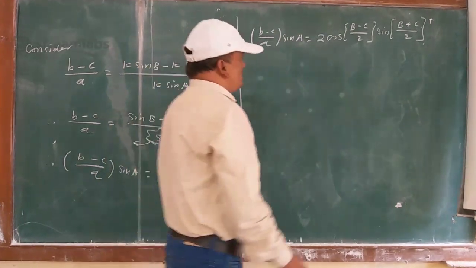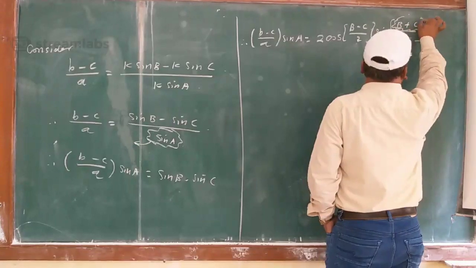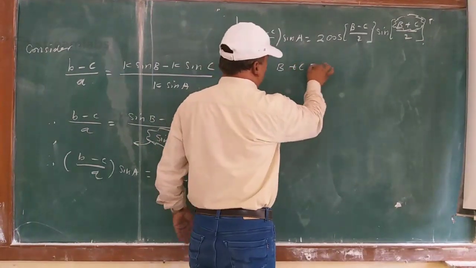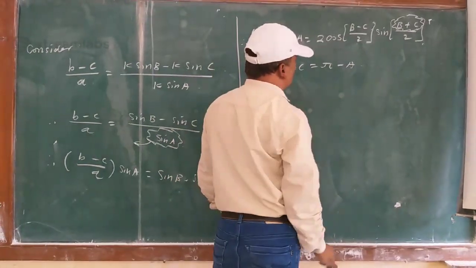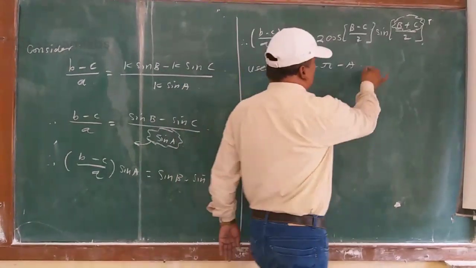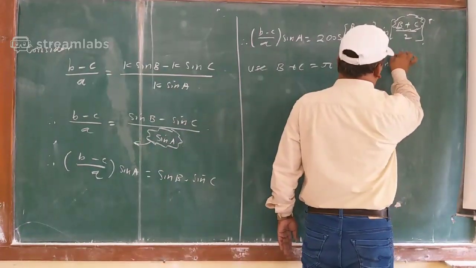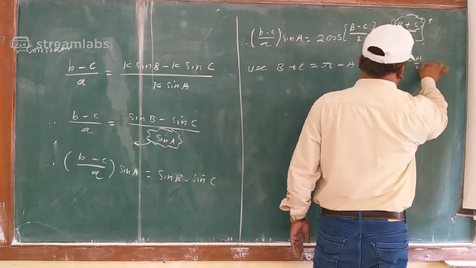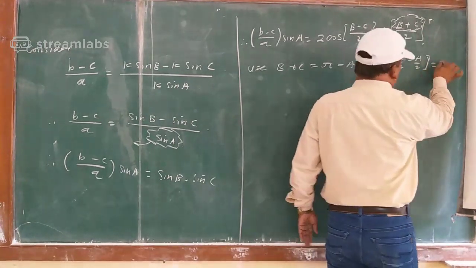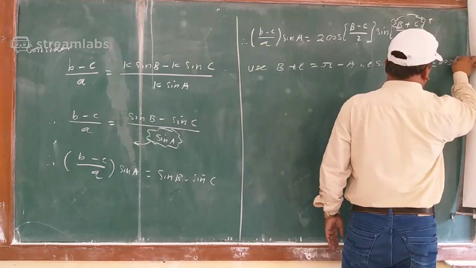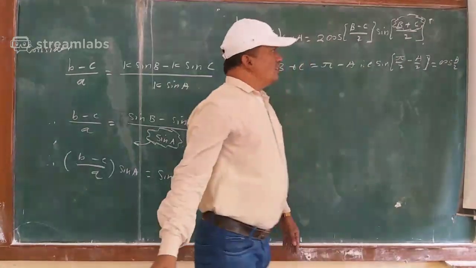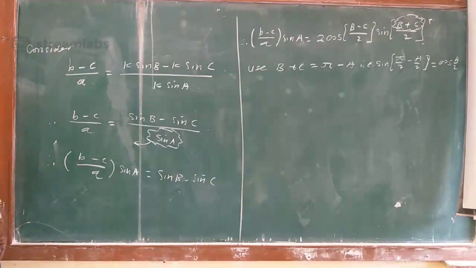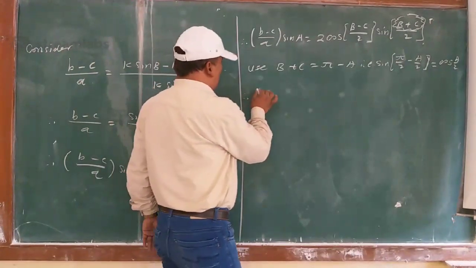But now see here, since we have B plus C, we can convert it in terms of A. Use B plus C is pi minus A. That is sine of pi by 2 minus A by 2, which means cos of A by 2. So that part is converted in terms of A.